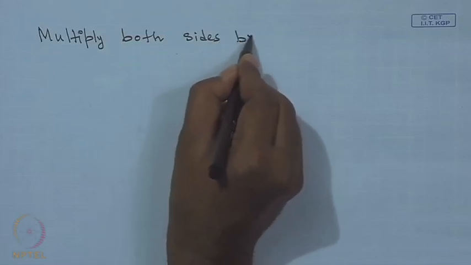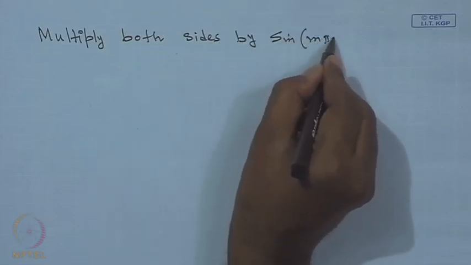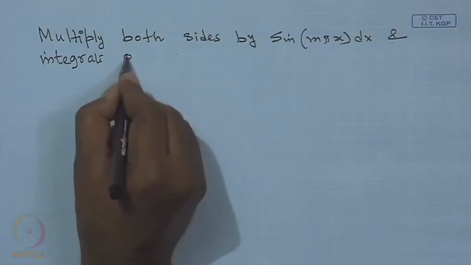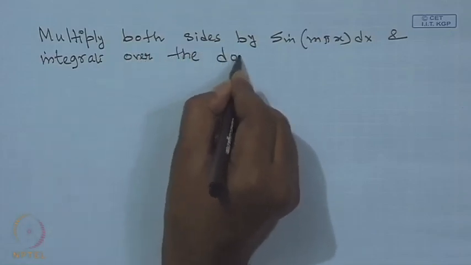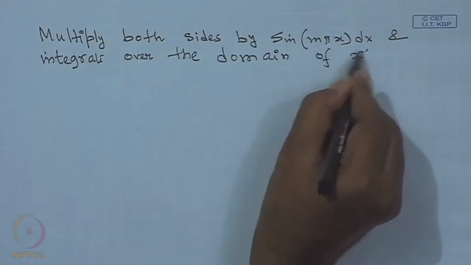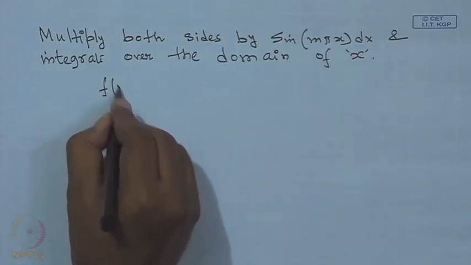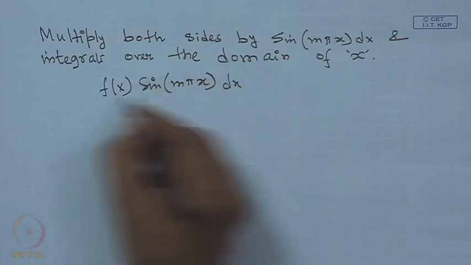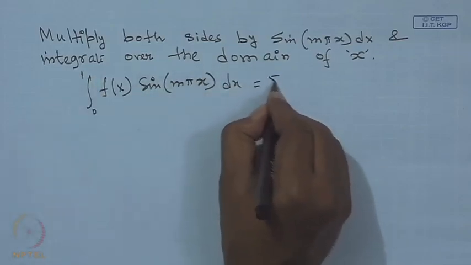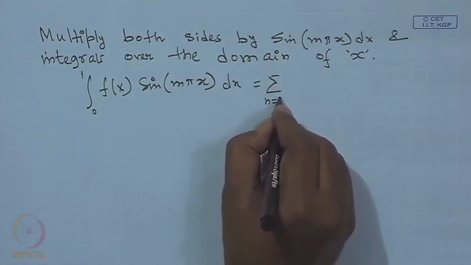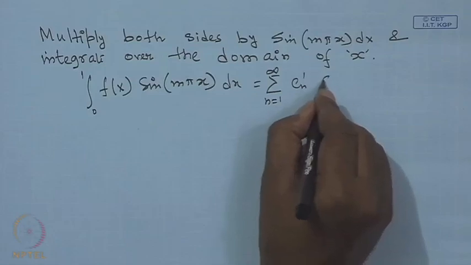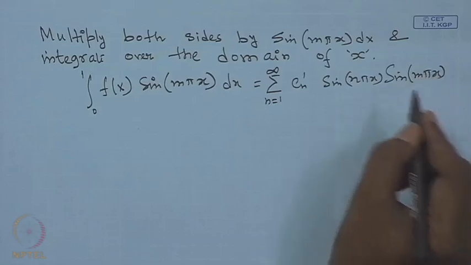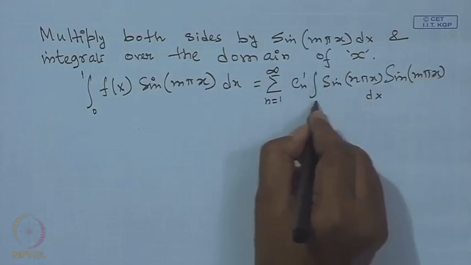If you do that, it will be integration 0 to 1 f of x sin m pi x dx is equal to integration n is equal to 1 to infinity C n prime sin n pi x sin m pi x dx, and integration over 0 to 1.